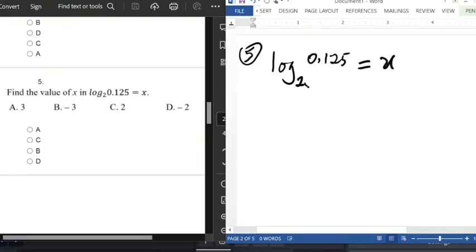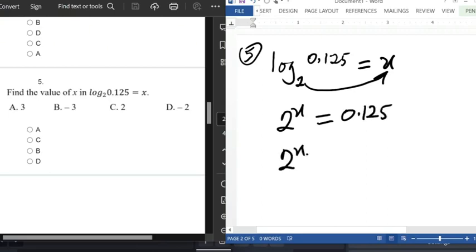The same thing, we carry this, so that will become 2 raised by x equals 0.125. So what we are going to do, we change the decimal to a fraction. That's going to be 125 divided by 1000. Why is it 1000? Because we have 3 digits after the decimal point, so we have 3 zeros.